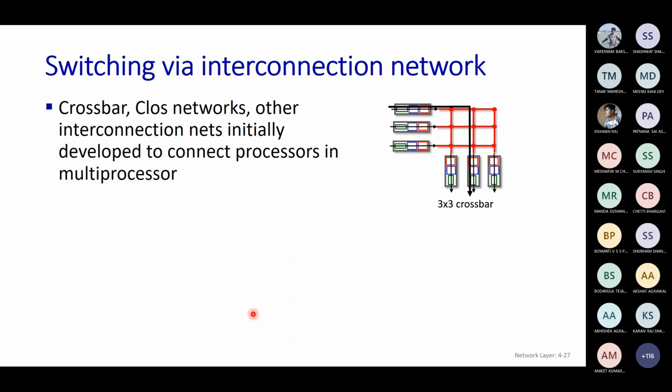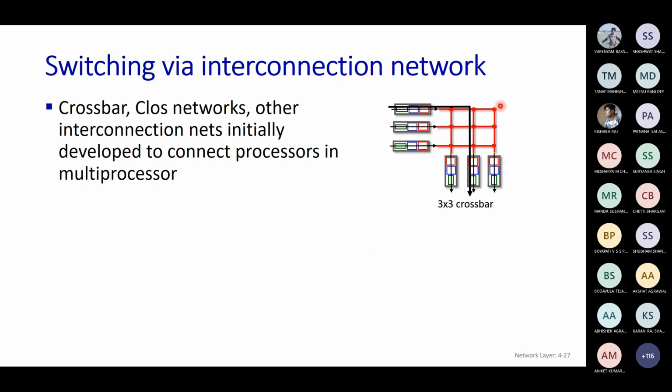The next one is switching via an interconnection network. This is the third one, also known as the third generation. In this case, all of the issues that were there with memory and shared bus concepts were tried to be handled.